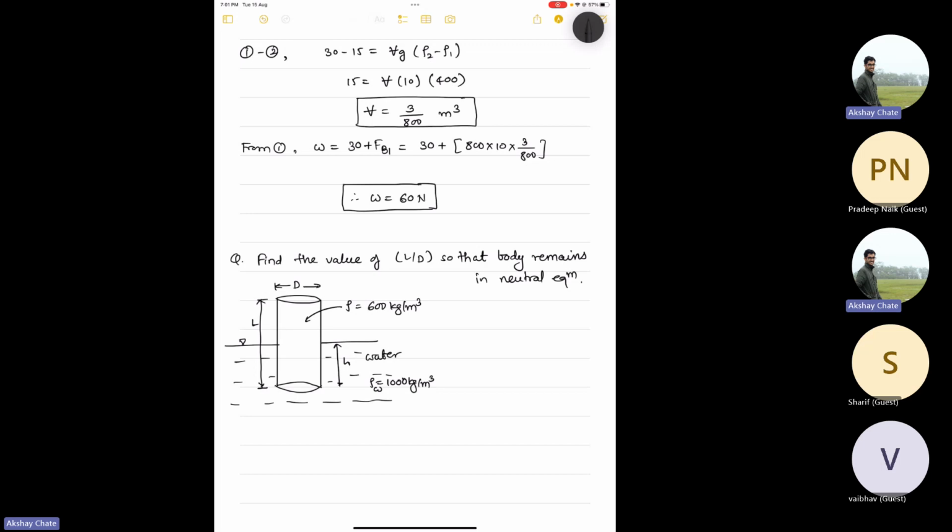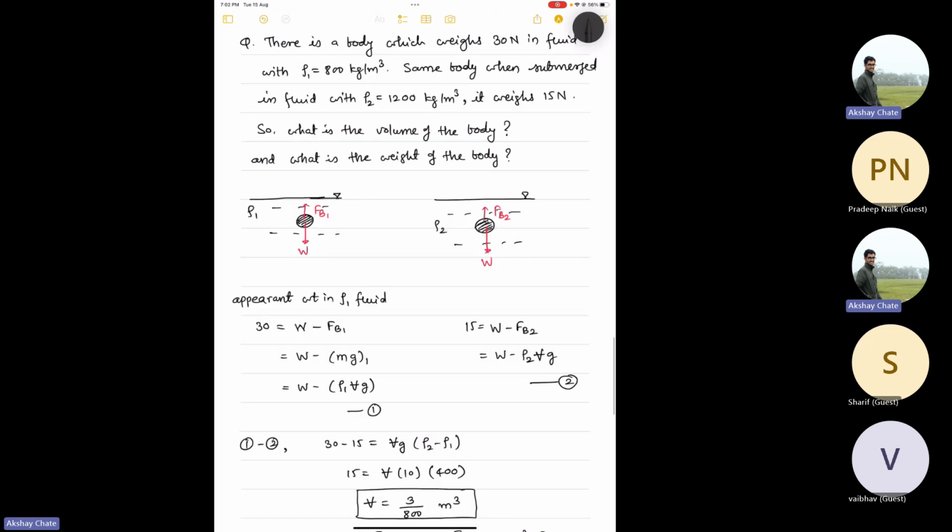I can ask another question also. I can just say, instead of neutral equilibrium, what if I want stable equilibrium, unstable equilibrium? I can do all that, but this is what is asked, and other given data I have given you. So let's start this question. So since this is a floating case, now we need to take this approach.